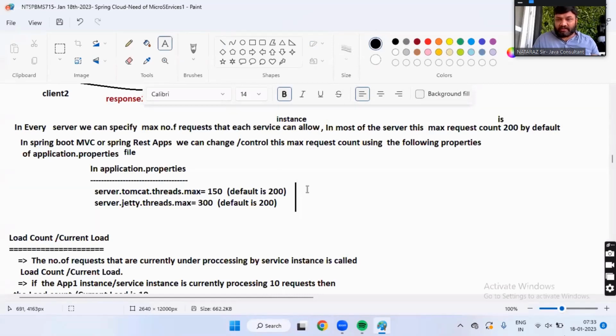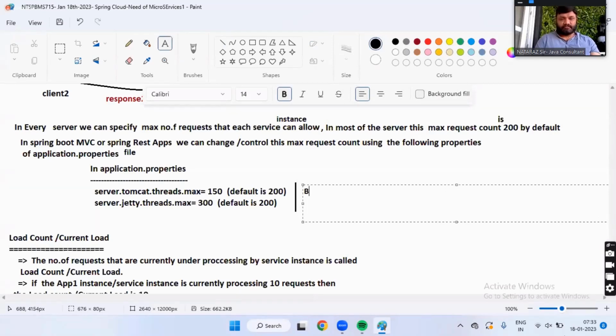Both these properties are for embedded servers. Embedded servers like Tomcat, like embedded Tomcat, are the embedded servers of a Spring Boot application.